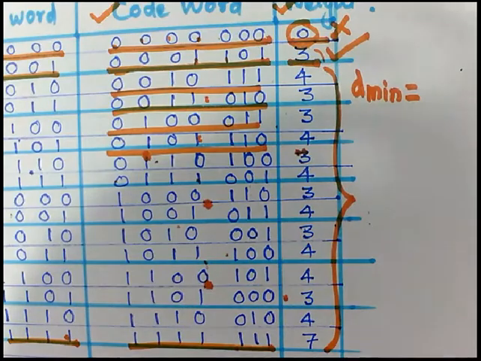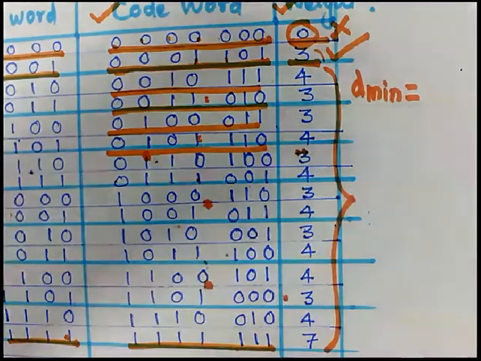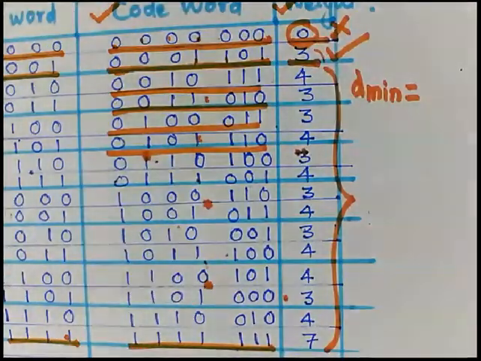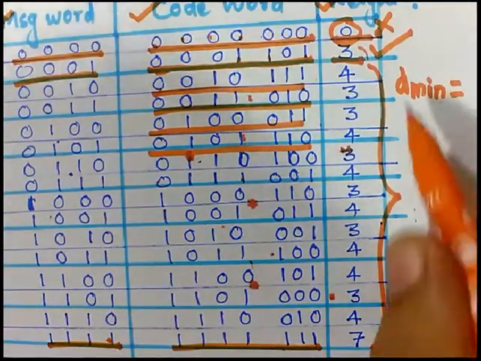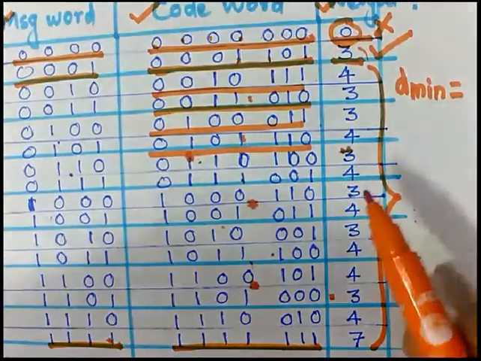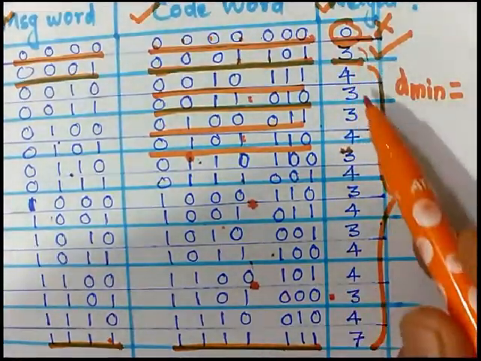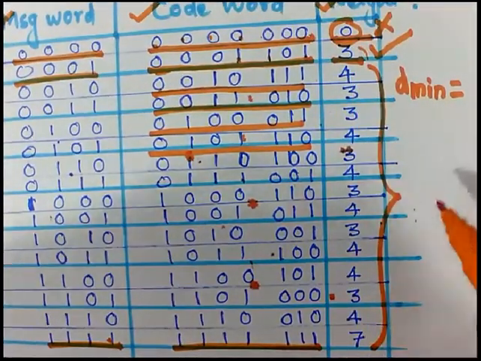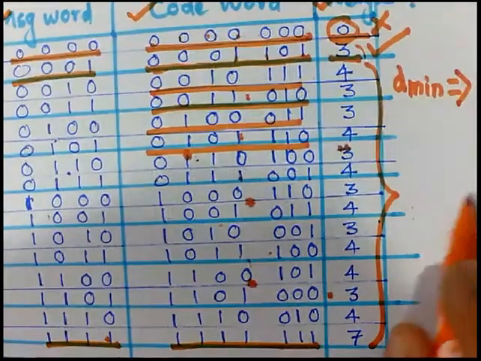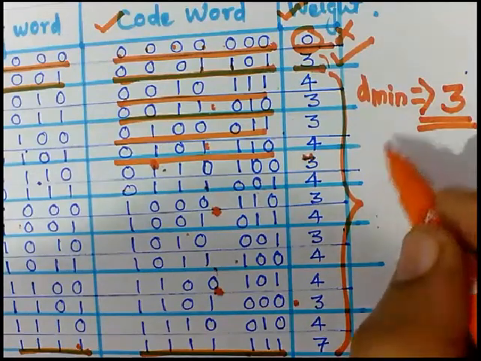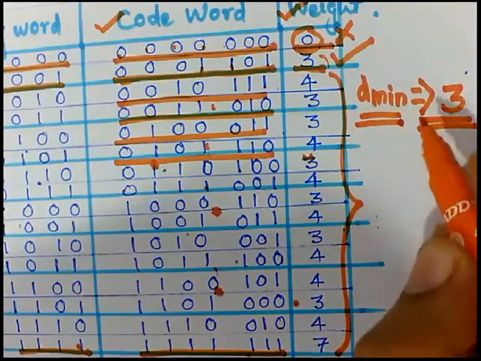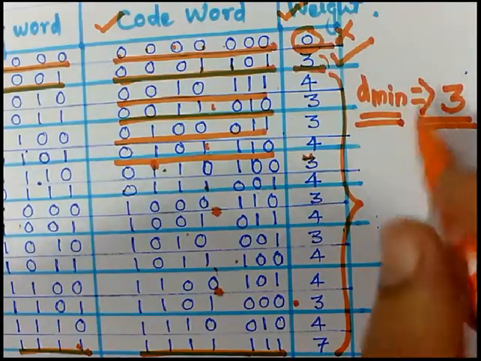Similarly, when we want to calculate the detecting capability Td, it is simple: dmin minus 1. dmin is 3, so 3 minus 1 gives the value 2. This is how we can calculate the correcting as well as the detecting capability for the encoding of any particular LBC, by the reference of the table of message word, code word and weight, with the help of the equation C is equal to D into G.